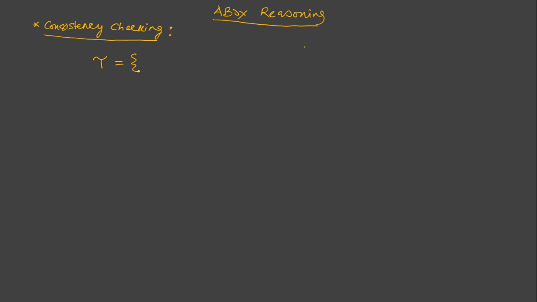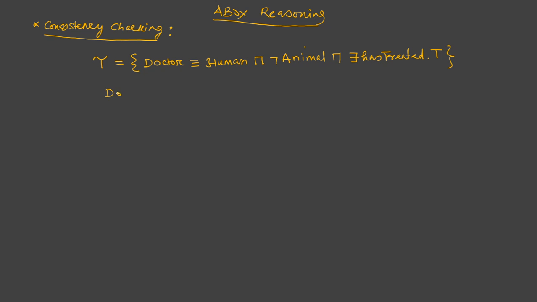The T box contains one statement: the doctor concept is equivalent to human intersection not of animal, and something that has treated at least one thing. This is the T box axiom that we have inside our T box. Now let us consider two A boxes.